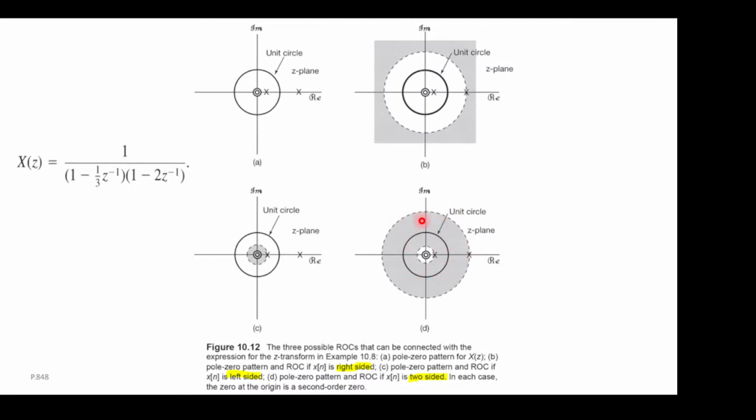When it includes the unit circle, that's when your Fourier transform converges, because remember, the Fourier transform in the z-plane corresponds to the unit circle. So the ROC includes the unit circle if and only if your Fourier transform converges. That also means your signal is absolutely summable, and your system is stable if the signal is the impulse response.